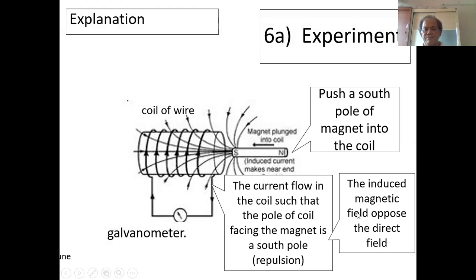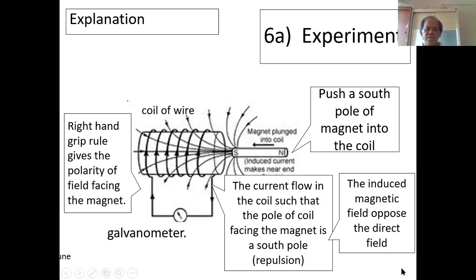The induced magnetic field opposes the direct field. This one doesn't show you the induced field. The induced field will be a south pole, opposing this south pole. So we use our right hand grip rule to determine the direction of this pole. From the current, we can determine this is a south pole here.